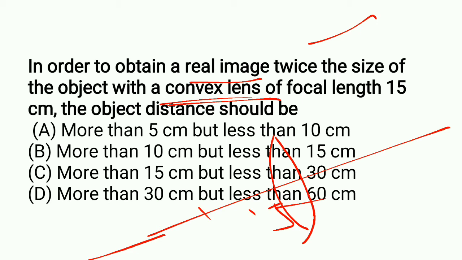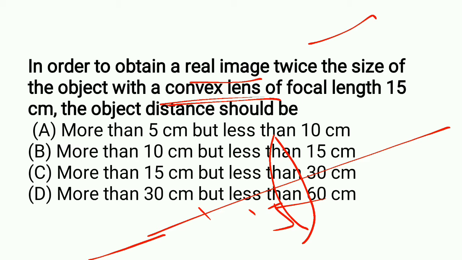Twice the size means the image should be larger than the object. So here we have option A, more than 5 centimeter but less than 10 centimeter.